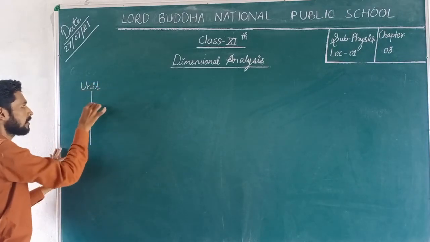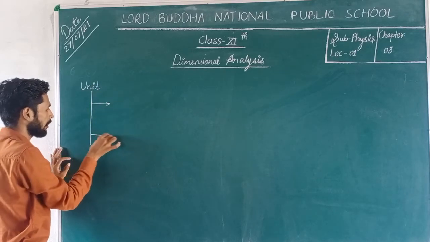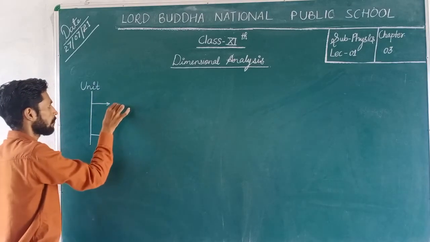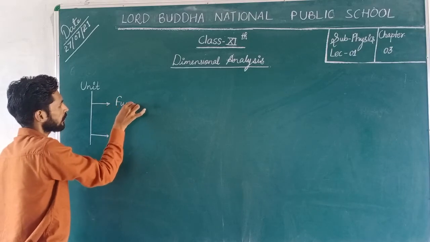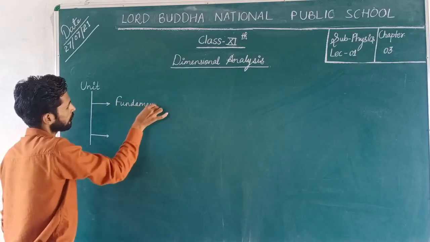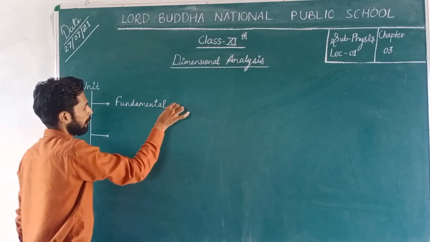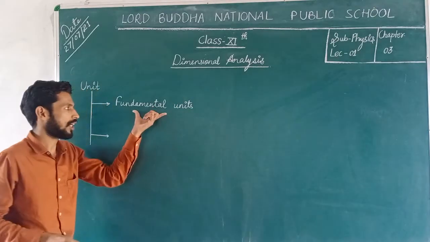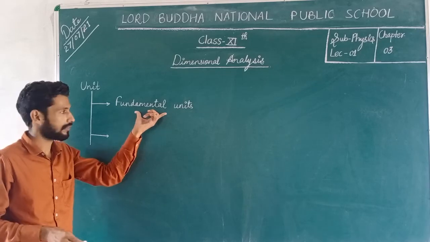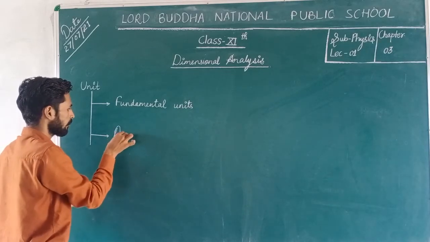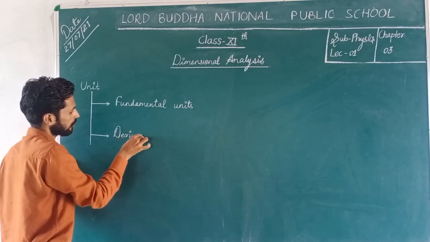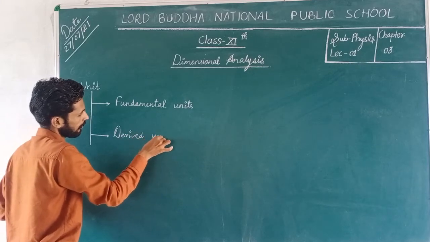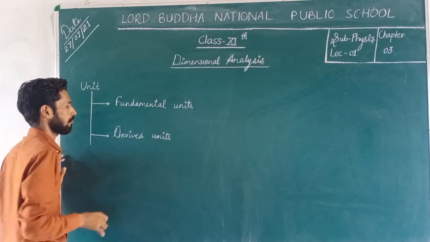and we know that there are two types of units. First is fundamental units. Fundamental units. These units are not dependent on any other unit. And second is derived units. Derived units.